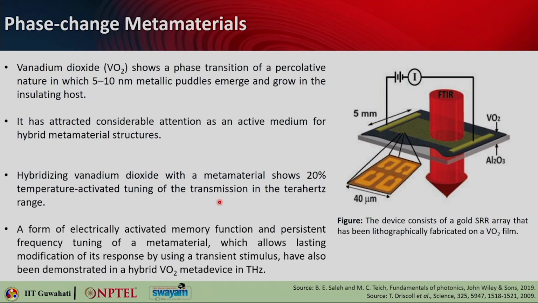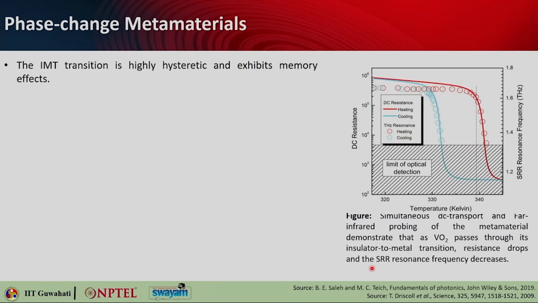That is pretty good, 20% tuning capability, and a form of electrically activated memory function and persistent frequency tuning of a metamaterial can be obtained, which allows lasting modification of its response by using simultaneous stimulus, have also been demonstrated. So, all these demonstrations of hybrid VO2 meta devices have been done in the terahertz range.